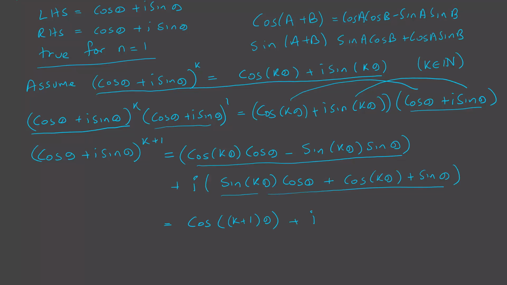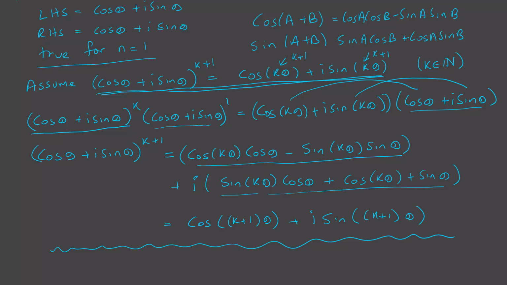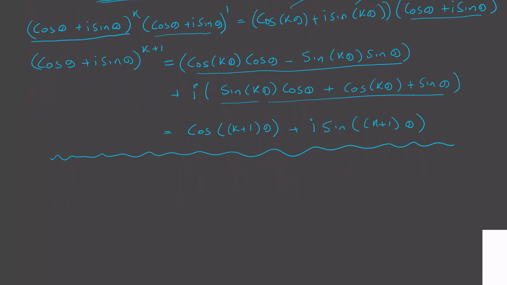And the bottom one, in the same way, is sin (k + 1) theta. And that does it. If you think about what we had as our initial statement, what we've done is managed to replace k with k + 1 on both sides. And so it works. And all you would need now is your closing proof by induction statement. So that is part 1 done.